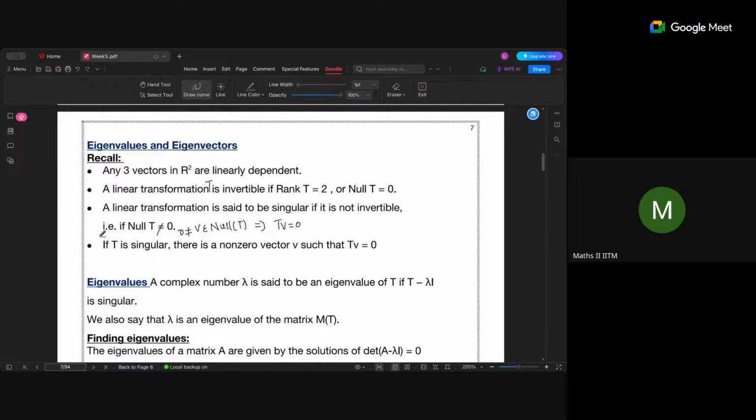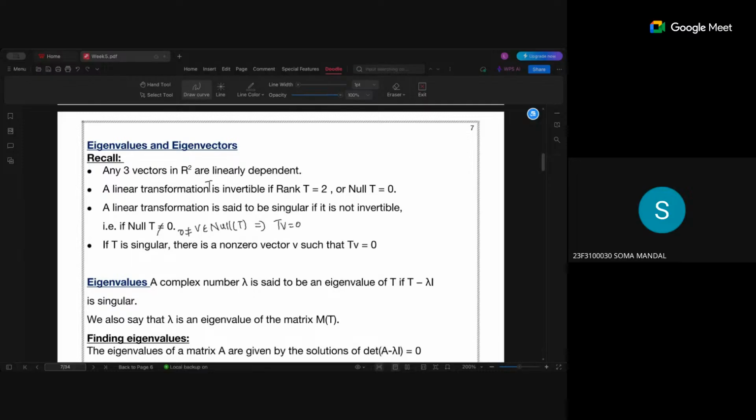So these two statements are exactly the same. Okay. Are these statements very clear to everyone? Because this is the basic for the next topic. Is that very clear? If it is not invertible, why is there a non-zero vector in the null space? Is that clear for everyone?